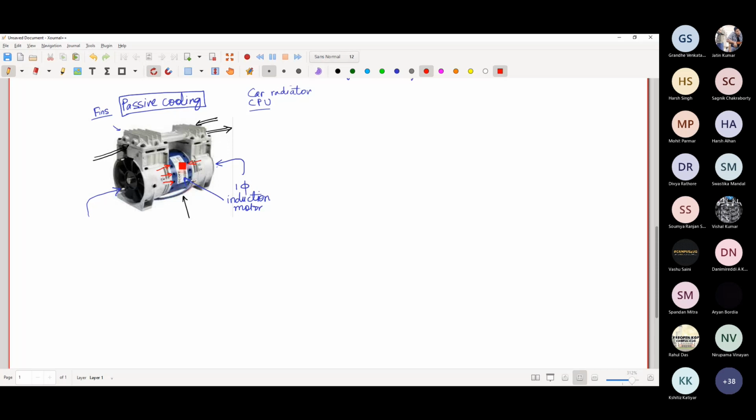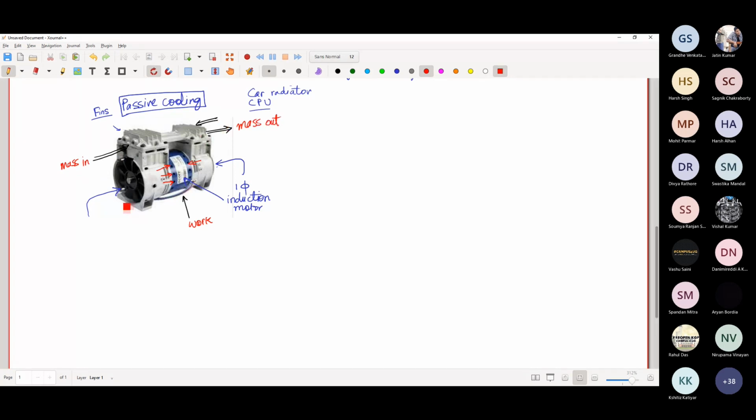Okay, so a lot of stuff has to be done. You can see that there is work input in the form of electrical energy. There is mass flux in, then there is mass out.